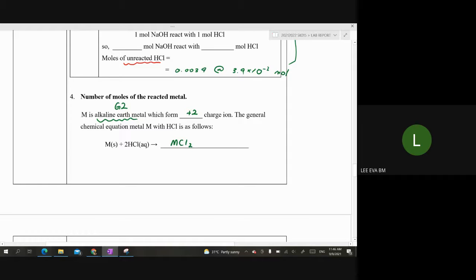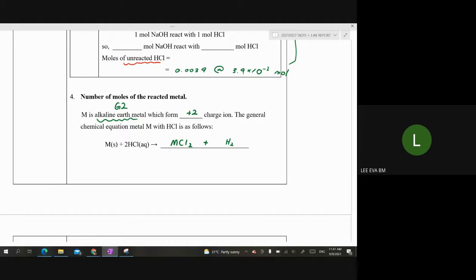MCl2, because chlorine, Cl has a negative charge, and then M has a positive 2 charge. Okay, and then don't forget, when metal react with acid, we are going to release what? Hydrogen gas. Okay, so in this case, you have your balanced equation.